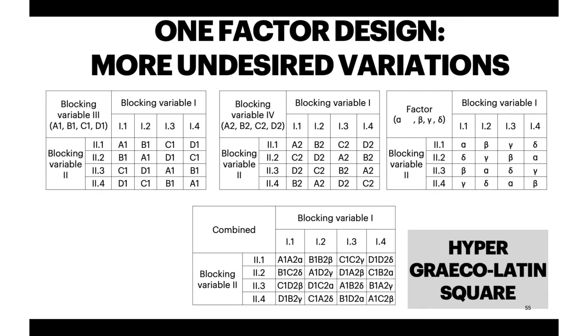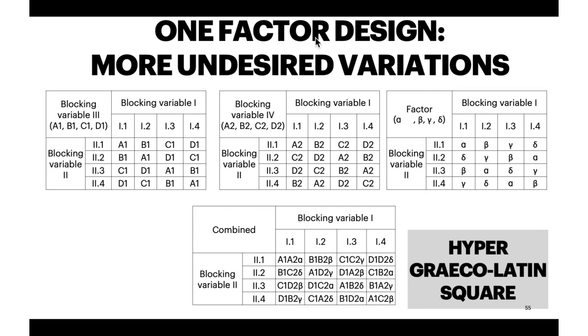Theoretically speaking, if we have even more undesired variations, we can think about hyper Greco-Latin squares, combining more basic Latin squares together under the same constraints as in the case of a Greco-Latin square, namely every row and every column has every Latin character, every row and every column has a Greek letter, and every cell has a unique combination.